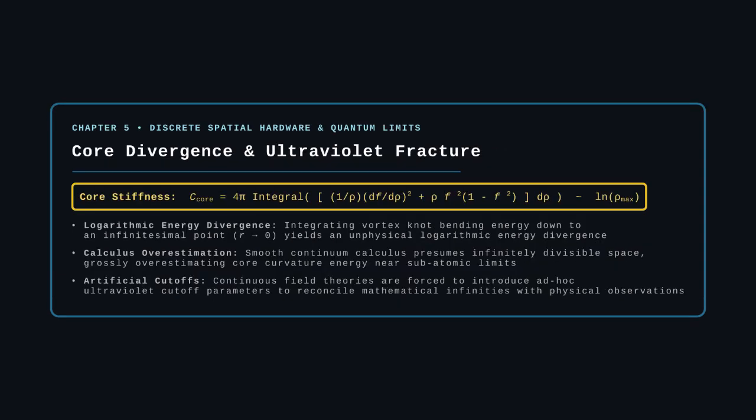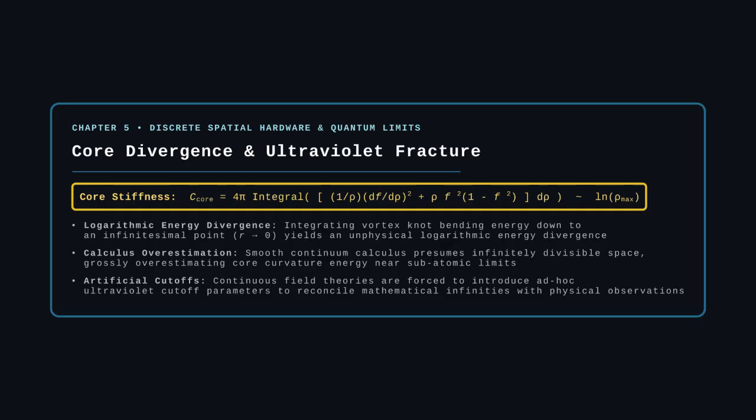When evaluating the integrated energy of a compact, multi-strand topological vortex, down to an infinitesimal point, where ε approaches zero, the local bending energy integral yields a logarithmic divergence. The core stiffness coefficient, C core, equals 4 pi times the integral from 0 to infinity of 1 over rho times the derivative of f with respect to rho squared, plus rho times f squared times 1 minus f squared, d rho, which is proportional to the natural logarithm of rho max.